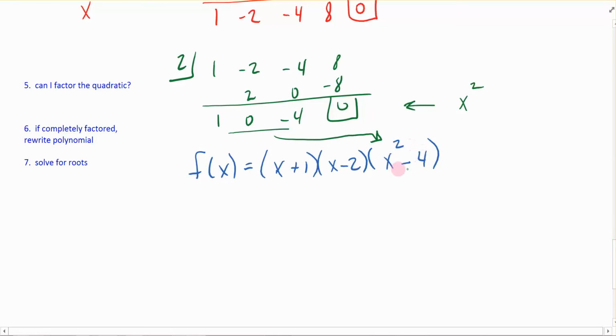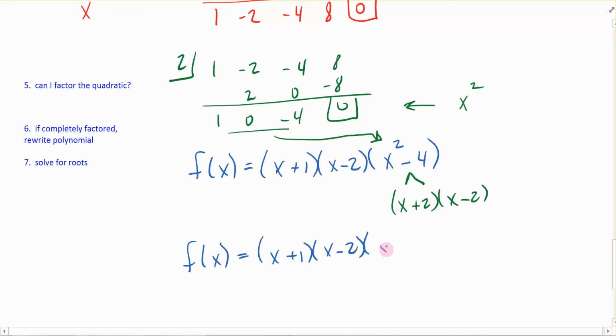So how do I factor x squared minus 4? This will break up into x plus 2 and x minus 2, because this is the difference of two squares. So at this point, one more time, we write x plus 1, x minus 2, x plus 2, and another x minus 2. So I have a repeated root occurring here, don't I?